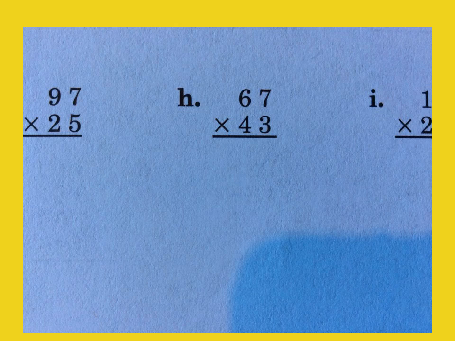3 times 7 would be 21, so I'll put a 1 and carry the 2. 3 times 6 is 18, plus the 2 would be 20. Let's go ahead and erase our 2 on top.